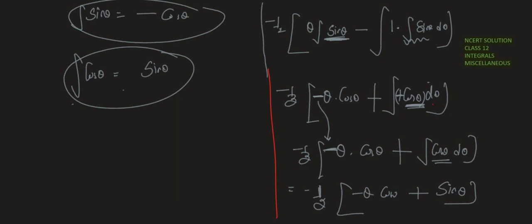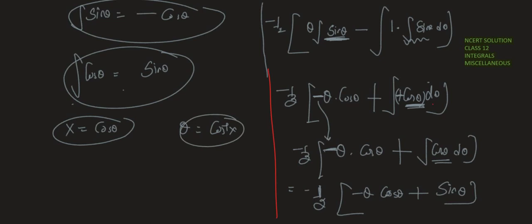But we have to put theta back. If you remember, we had assumed that x was cos theta. So theta will be cos inverse x. But we need sin theta as well. So what can we do? Use the triangle method. Draw a triangle with theta here.